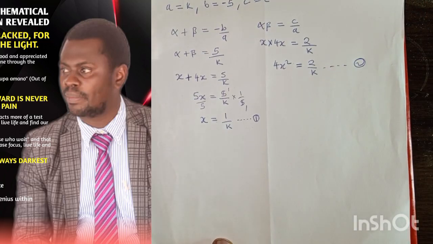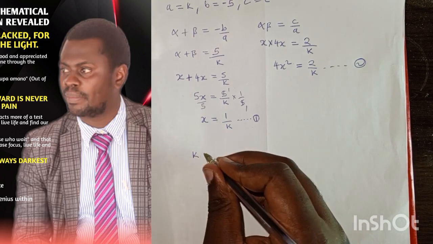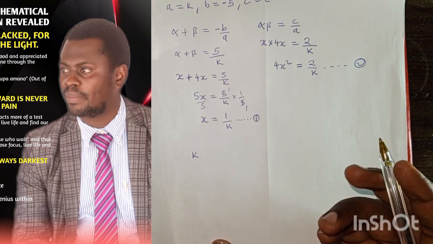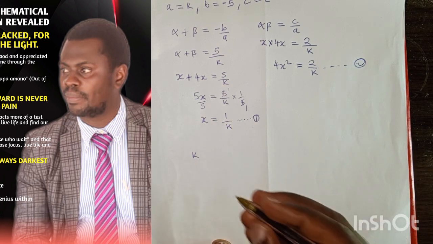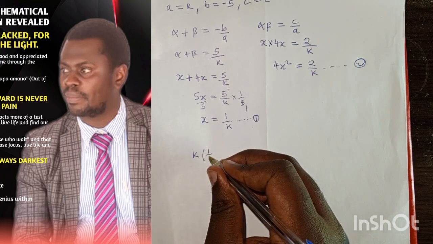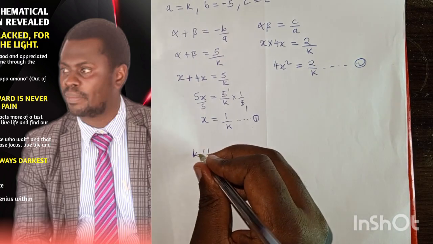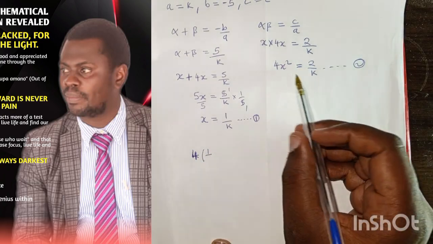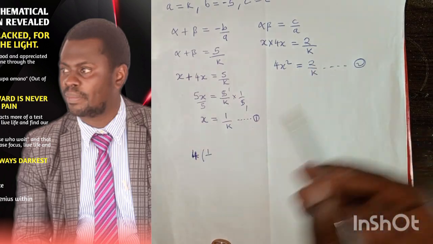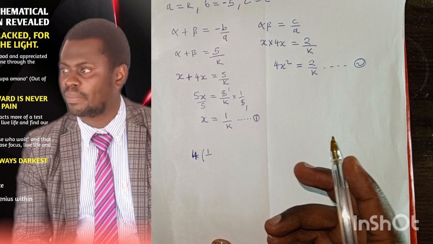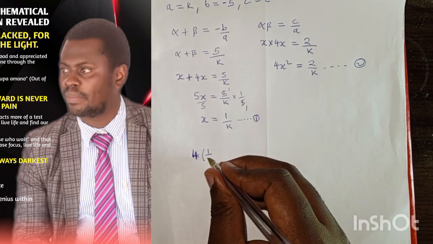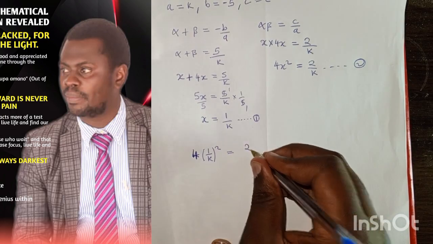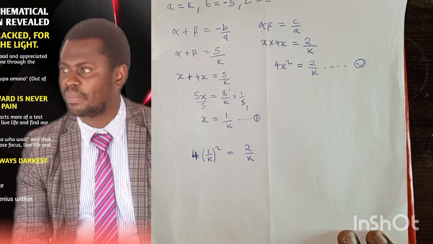Equation 2 is 4x squared is equal to 2 over k. Where there is x, we are going to put 1 over k. So 4, then in brackets, 1 over k squared is equal to 2 over k.